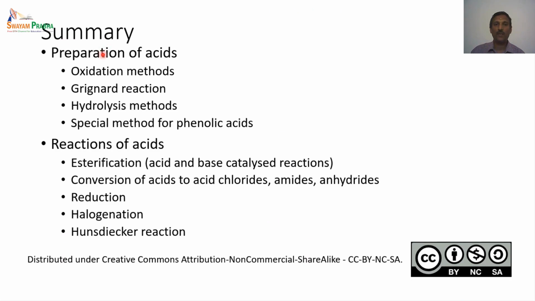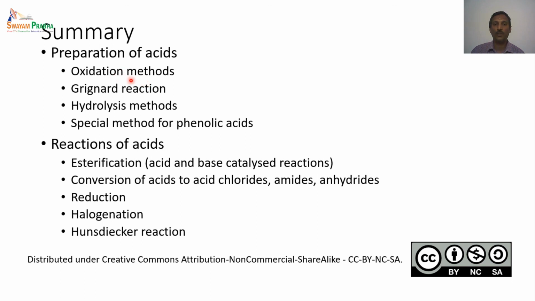In summary, let us recap what we have studied so far. We have studied various preparation methods of carboxylic acids. We have studied the oxidation methods, that is, how primary alcohols can be oxidized to the corresponding carboxylic acid, how secondary alcohols can be oxidized to carboxylic acid under drastic conditions, and how aldehydes can also be oxidized to carboxylic acid.